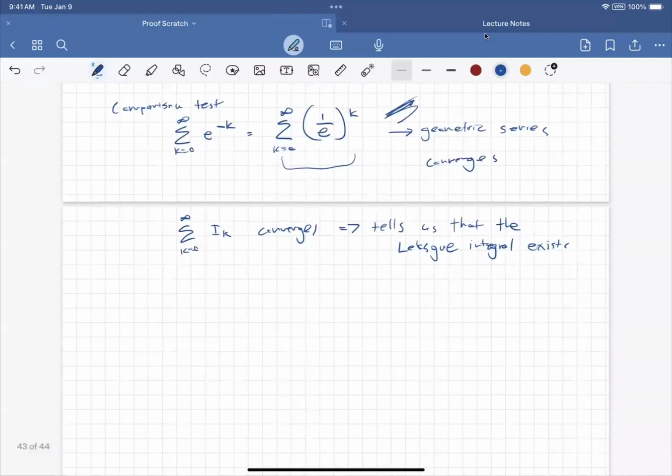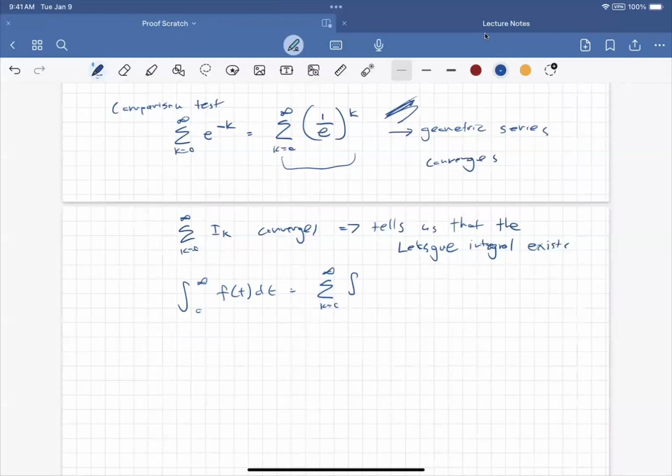So now we can talk about the Lebesgue integral itself and what we mean when we calculate its integral. We have the integral from 0 to infinity of f of t dt, and we can write this as the sum from k equals 0 to infinity of each of the kth integrals.